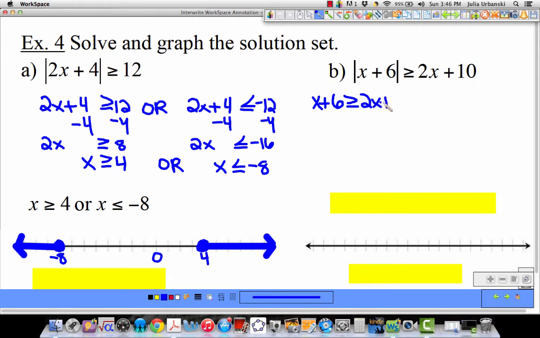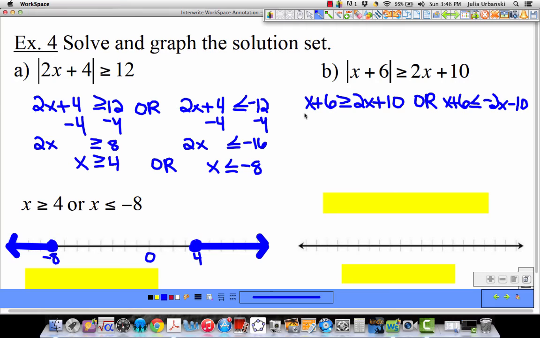That's the one where it stays positive and it stays the same. We look at this sign, greater means or. Then we're going to fill in where we make it a negative. x plus 6, I'm doing it on the opposite. I'm making it a negative, so I turn it around to -2x minus 10.